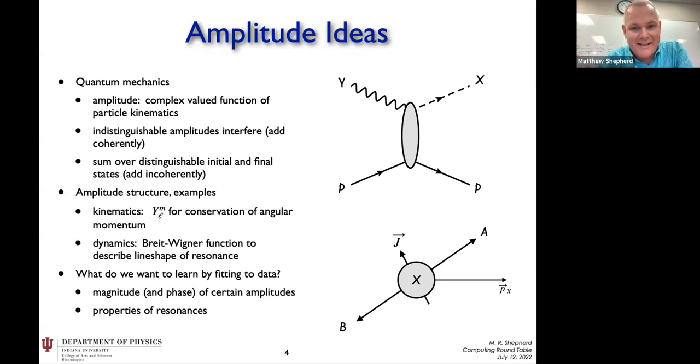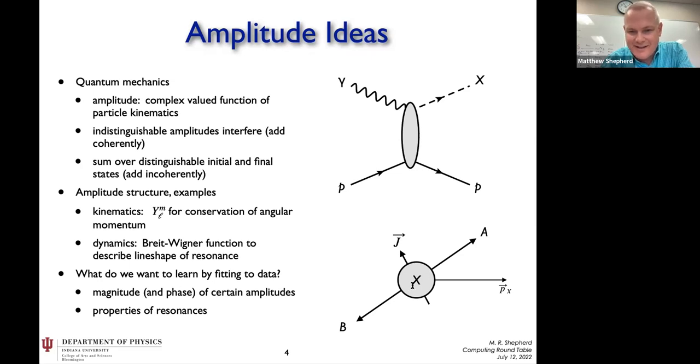I'll talk in the context of GluX. We have photoproduction: a photon beam coming in interacts with the target and produces some outgoing state. What goes on inside this blob are a bunch of indistinguishable things at some level. And then that final state X may decay. This is a short-lived resonance, say, and that resonance may decay into two particles.